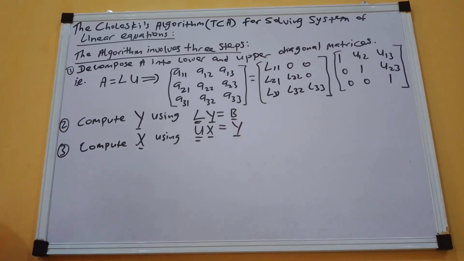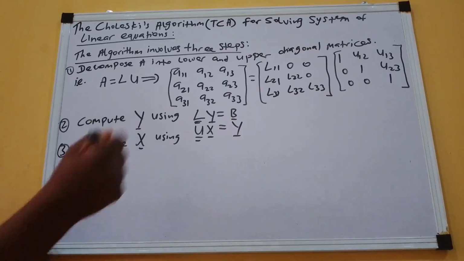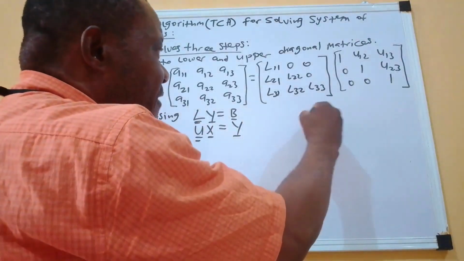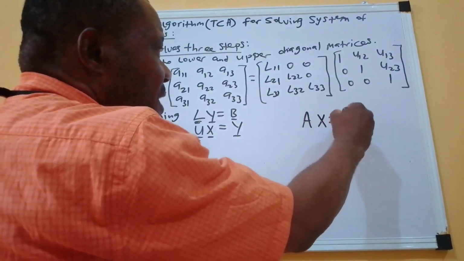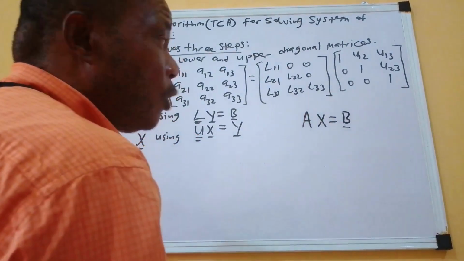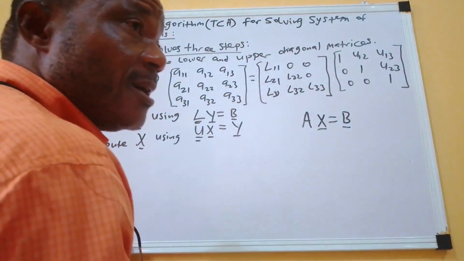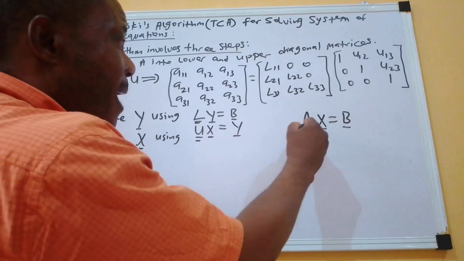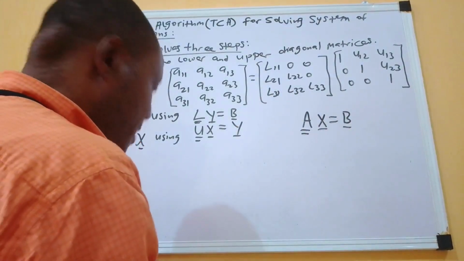Every system of linear equations can be put in matrix format, that is AX equals B. This is the matrix format of every system of linear equations. B is a column vector, X is the vector of unknowns, while A is a matrix.